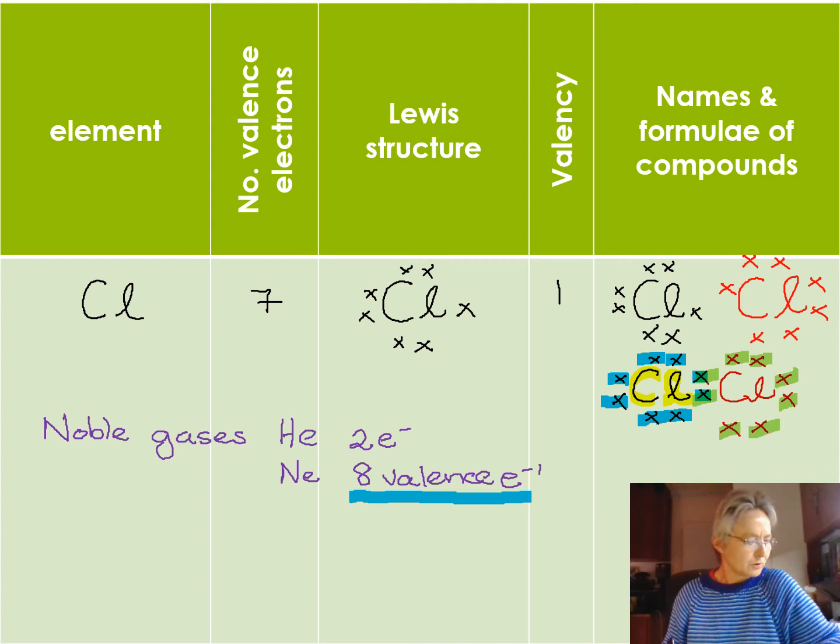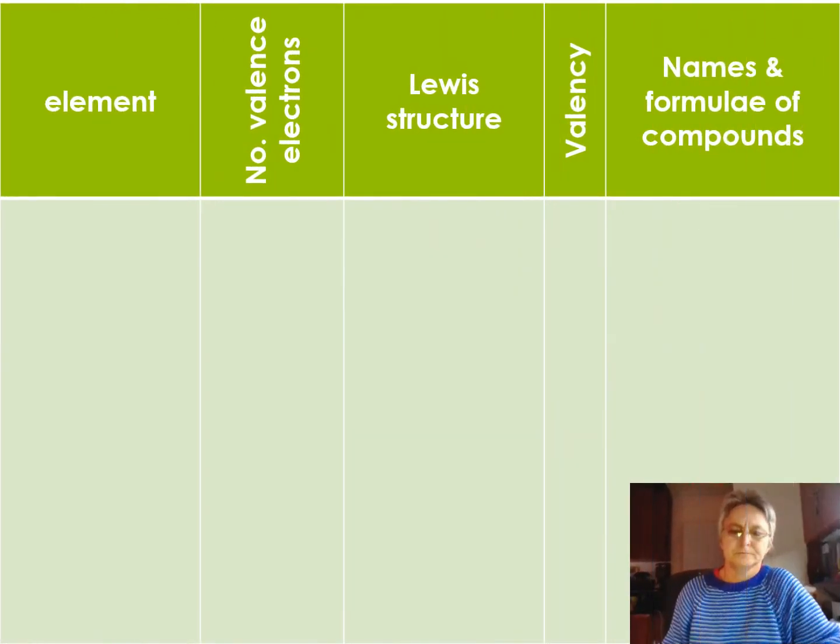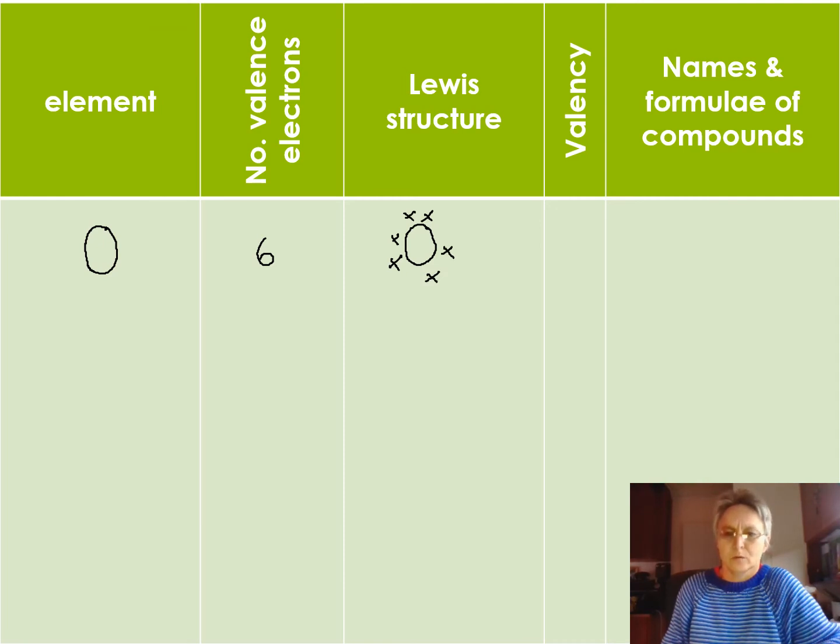Right, I want to go on to a more complicated element now. The slightly more complicated element is oxygen. It is in group 16, so it's got 6 valence electrons. And we draw the 6 valence electrons like this, 2 together, 2 together, 1 alone and 1 alone.